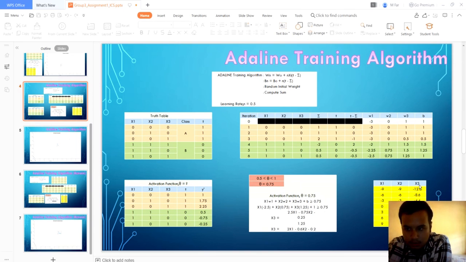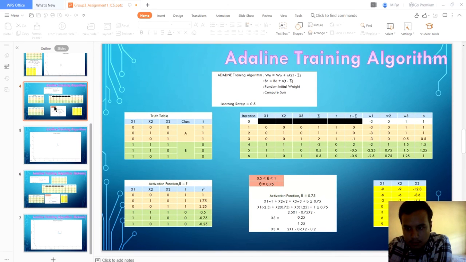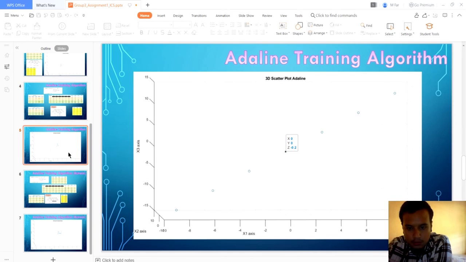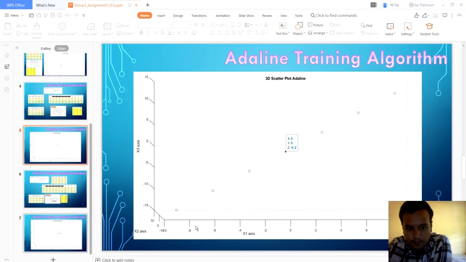And we can see here the value for x3 is almost the same as the x3 that we got when we retrained the data. And from the graph, the pattern is almost the same. So that's all from us. Thank you.